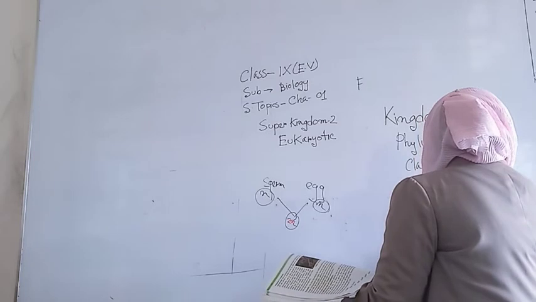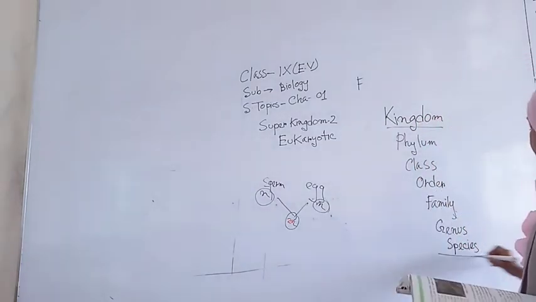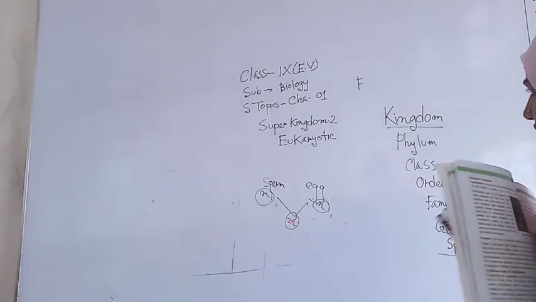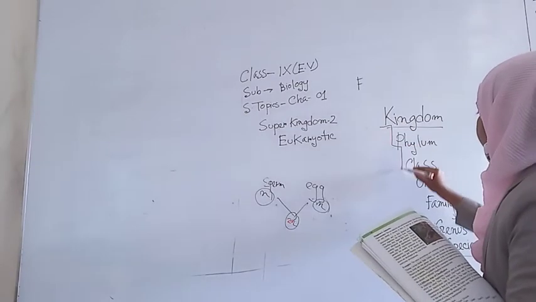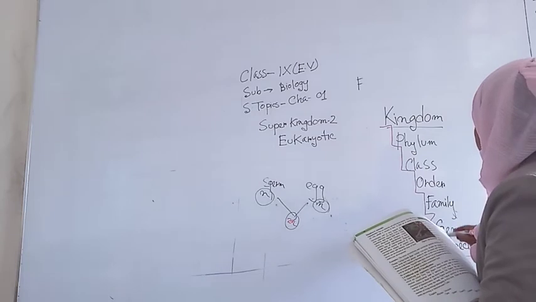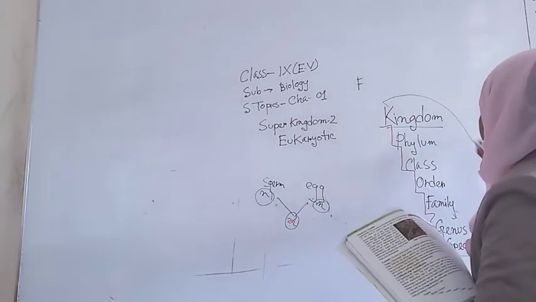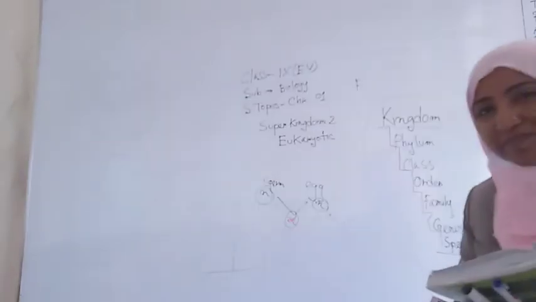So the highest is kingdom and the lowest is species, and this is known as first, second, third, fourth, fifth, 6, 7. So 7 categories, another word for which is taxonomy.